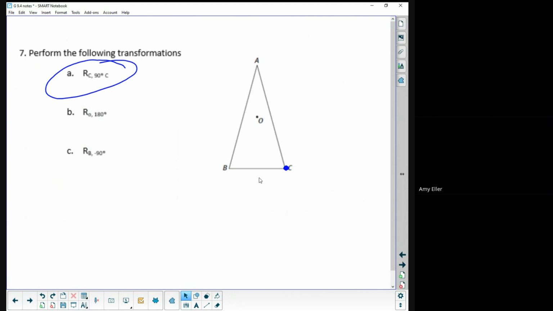Draw your new one. You can actually put your pencil on the patty paper at C so it doesn't move and spin it around.